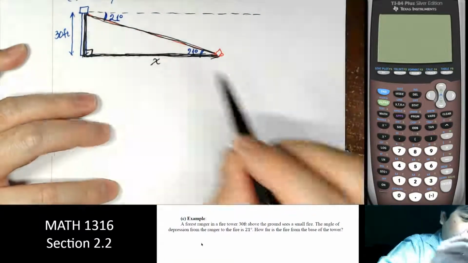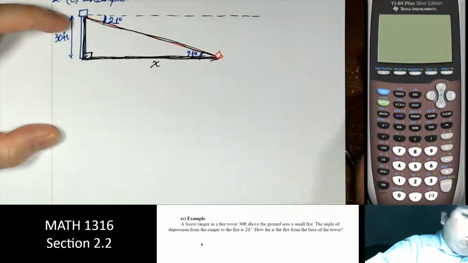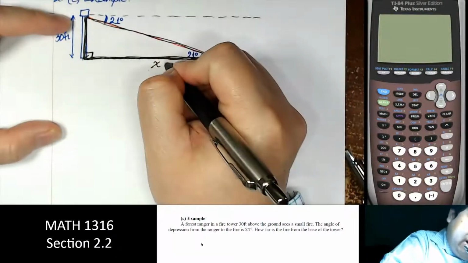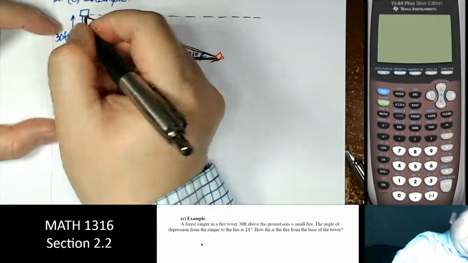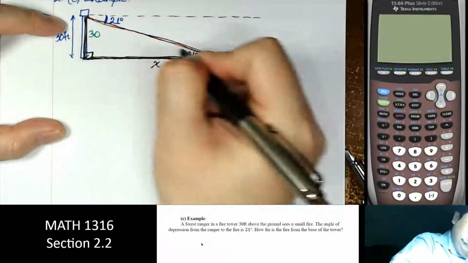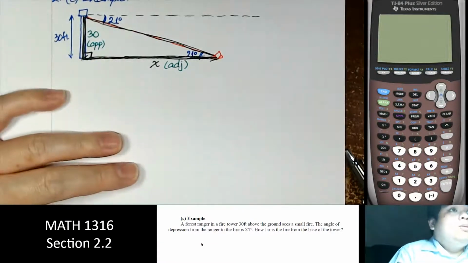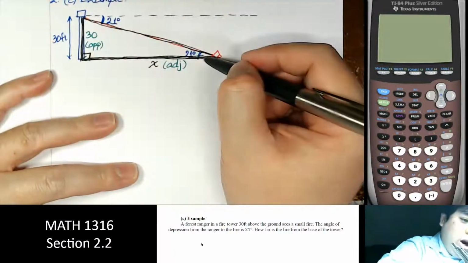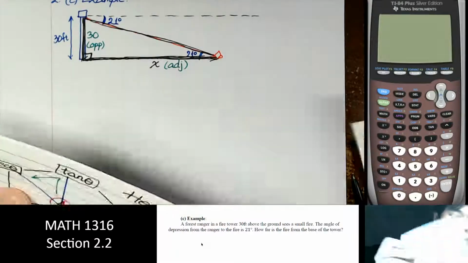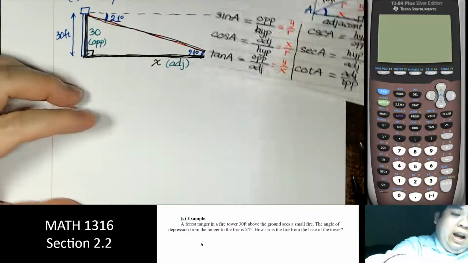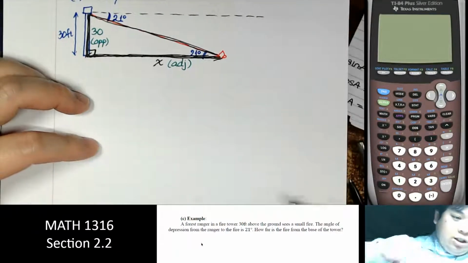In this right triangle, we have the 21 degrees, the x, and the 30 feet. With respect to that 21 degrees, x is adjacent to that angle, and 30 feet is the opposite. So we look for the ratio that has those two, and the tangent is opposite over adjacent. So that's what we use.